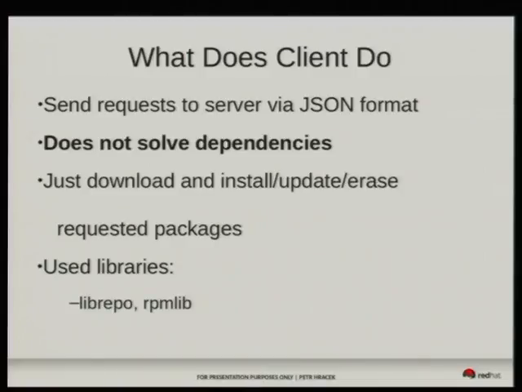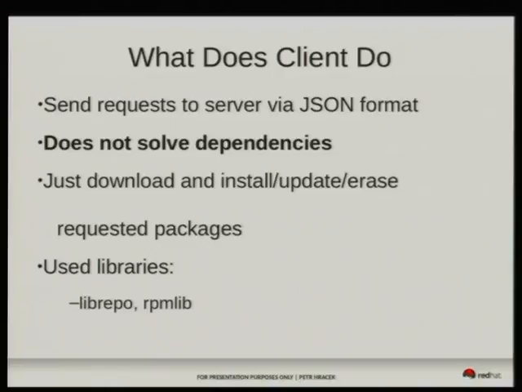Client does not solve any dependencies, and this is the most important thing on this project. Client is here just for the download, install, update, or erase packages. For downloading, we are using a librepo library. For installing, updating, and erasing, we are using rpm-lib library.